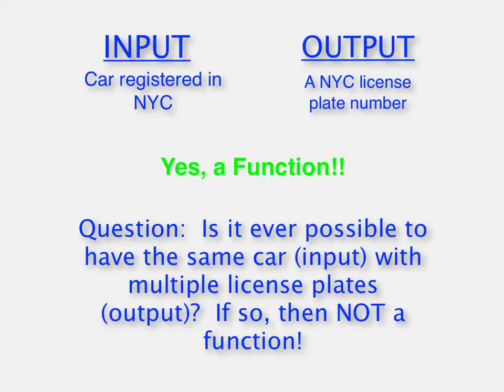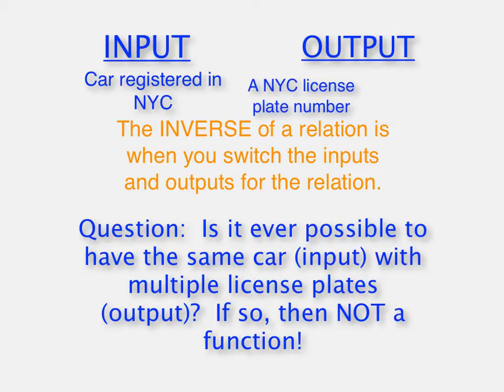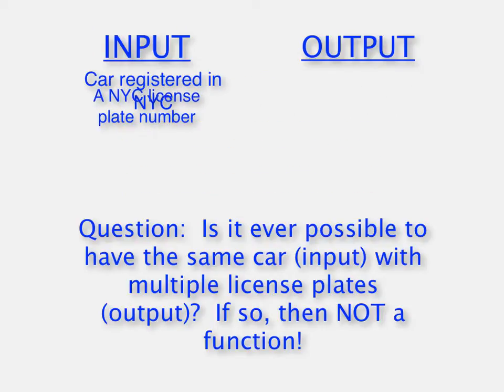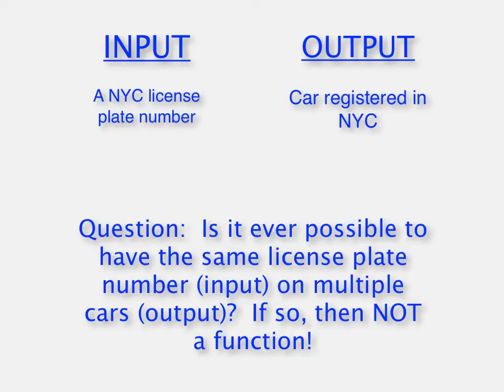All right, again, let's consider the inverse of that relation. And remember, the inverse happens when we just swap the input and output. So what if the input was a New York City license plate number, and the output was a car registered in New York City? Is it possible that one license plate number could be on two different cars? No, it couldn't be.